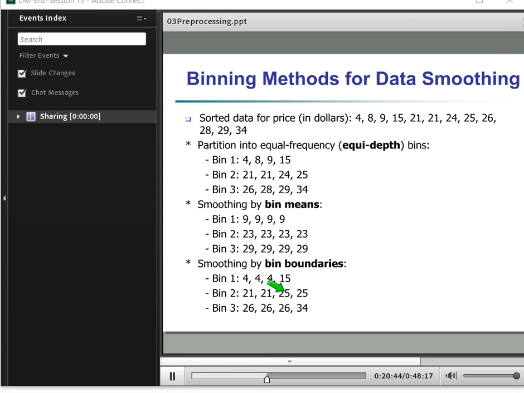Maybe someone asks me, which of these smoothing techniques is better? If you ask me, I will say I don't know. Why? The answer is simple. I should do everything according to my goal in data mining.